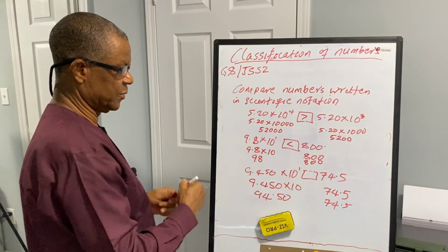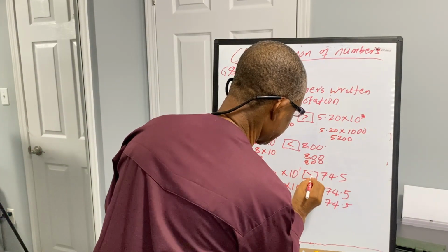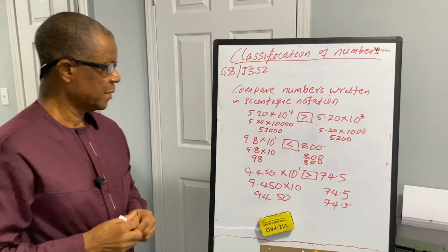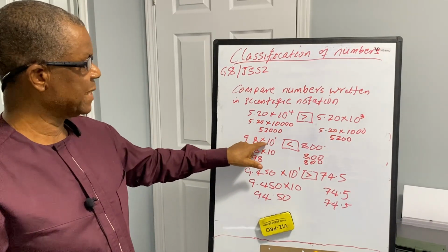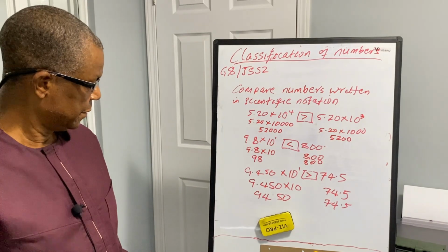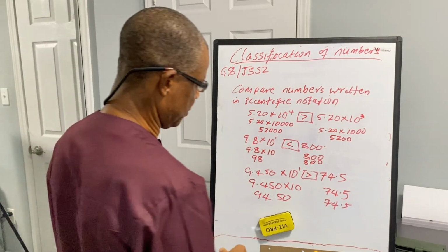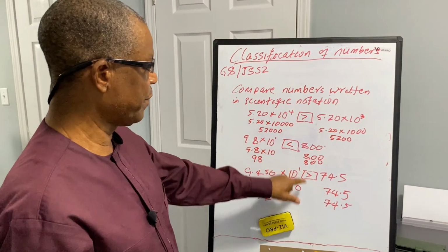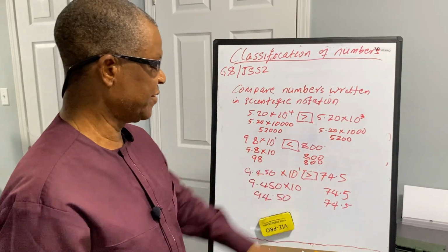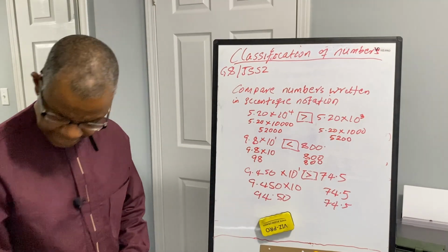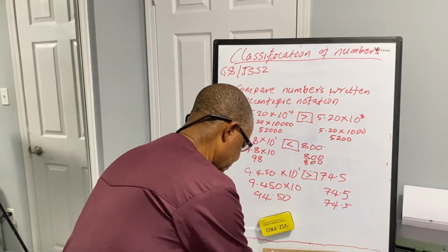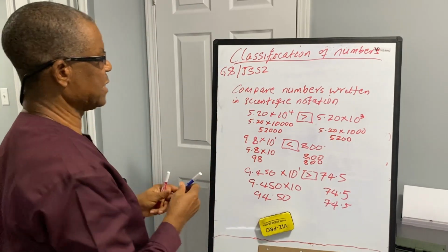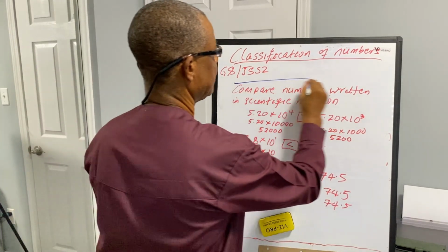This is greater. You put your greater symbol. So that means 9.450 times 10 raised to the power 1 is greater than 74.5. That is for our revision of our last week lesson.